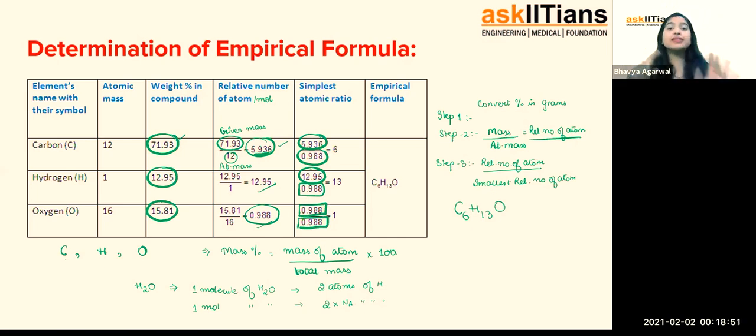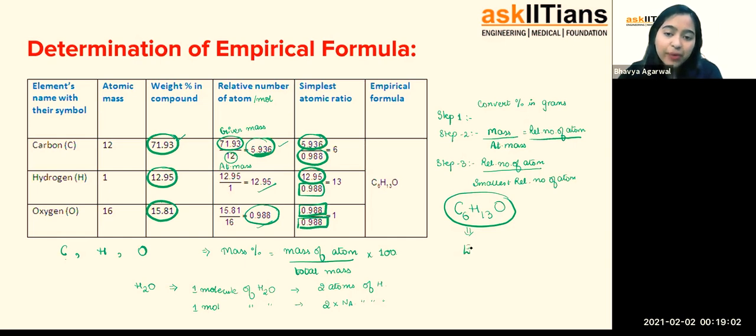This is the simplest whole number ratio of the atoms, and that is why what we have got is the empirical formula and not the molecular formula. We just got the empirical formula.